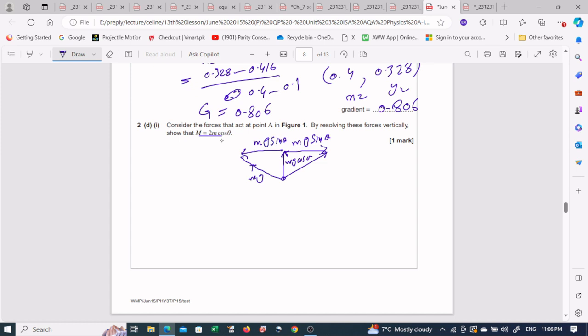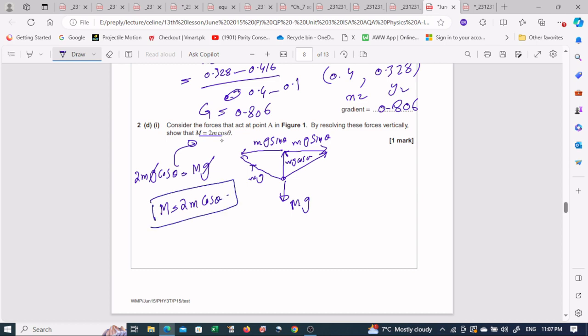These sine components cancel, and the cosine components will be opposite to this weight. W is equal to capital Mg. So 2mg cosine theta is equal to capital Mg. This g is cancelled, so we have the same result. M is equal to 2m cosine theta, by resolving the two components.